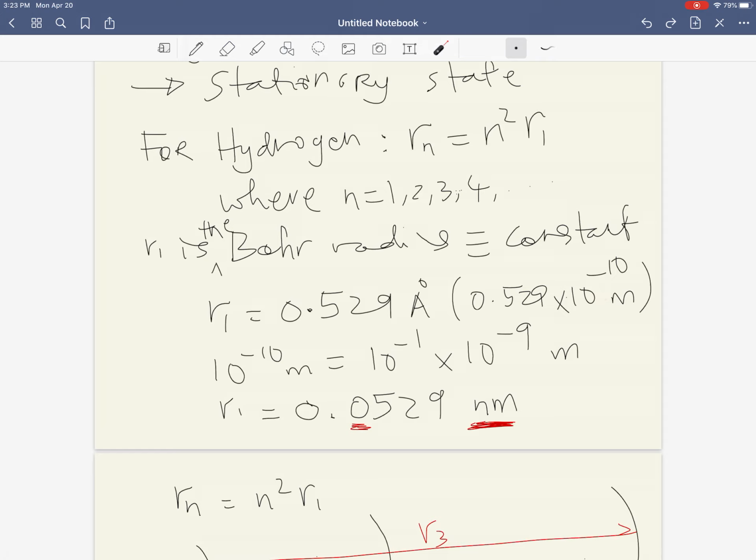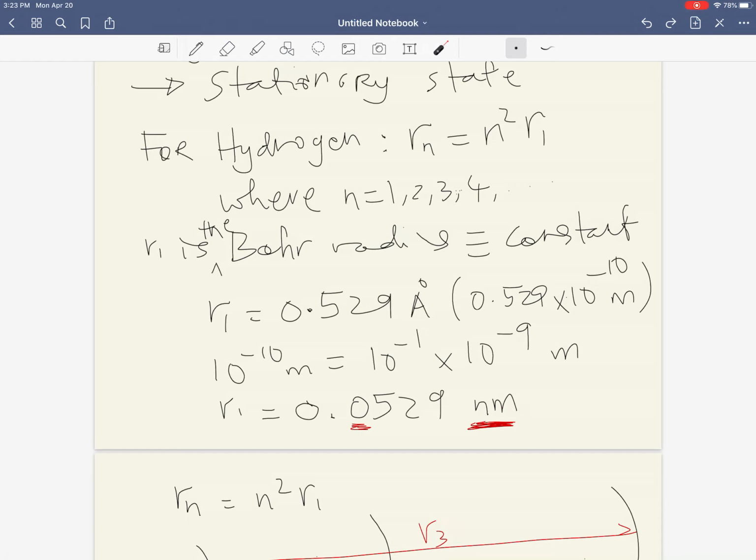And I sounded this caution in our discussion earlier. Certain textbooks prefer to write the Bohr radius in nanometers. But of course, since 1 angstrom, or 10 to the negative 10 meters, is the same as 1/10 of a nanometer, we have to introduce an extra 0 here so that the Bohr radius can often be written as 0.0529 nanometers.